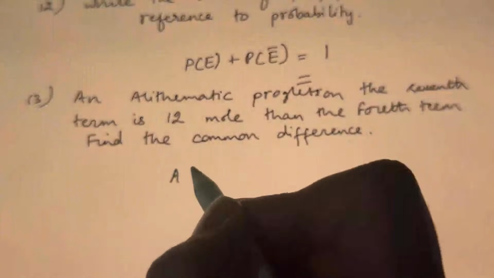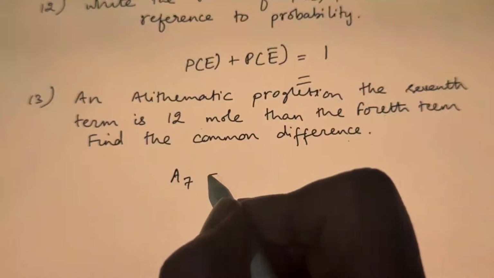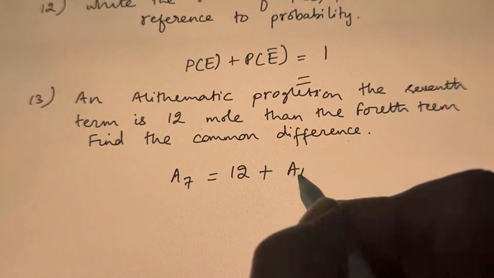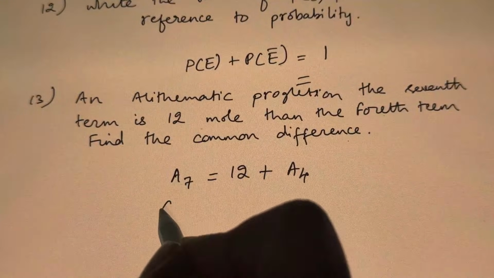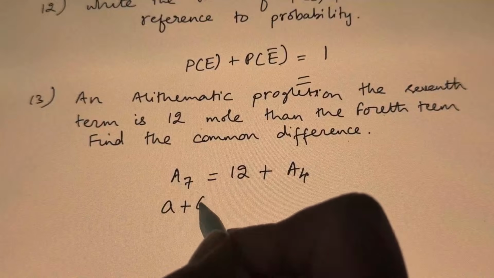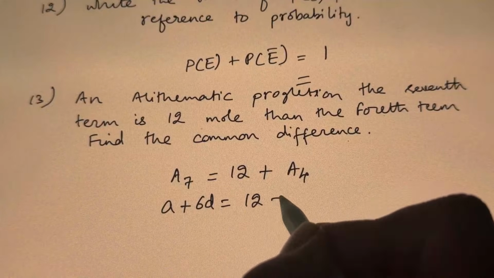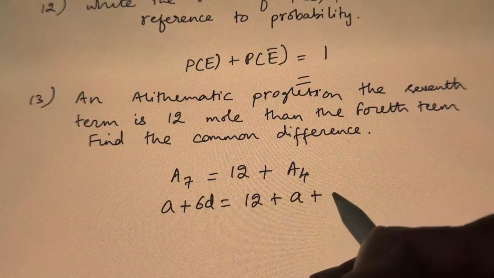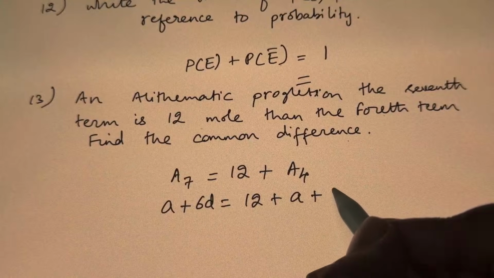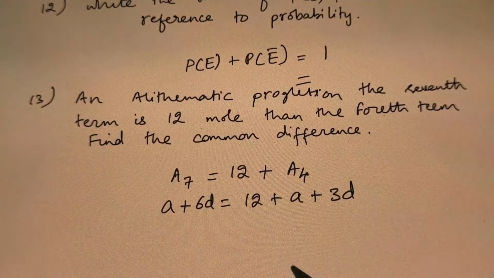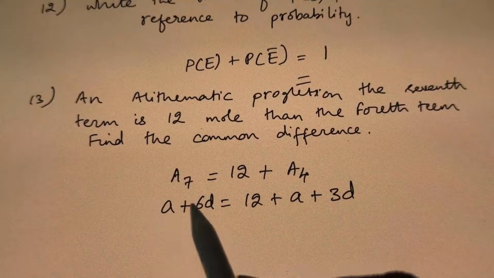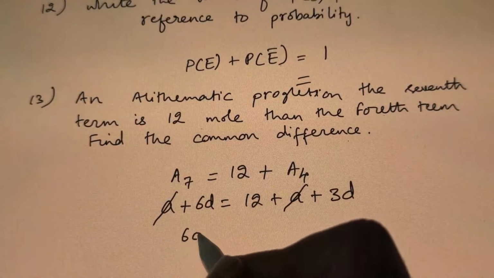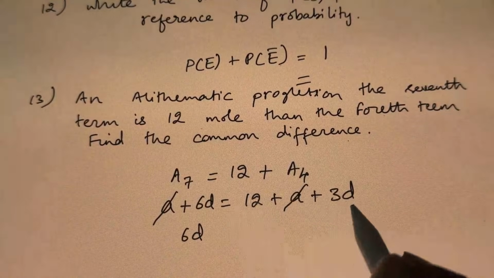A7 is equal to 12 more than the fourth term, that is A4. So A7 we have A plus 6D equals 12 plus A4, which is A plus 3D. Now we can see A on both sides gets cancelled. 6D, shift 3D to the left side.